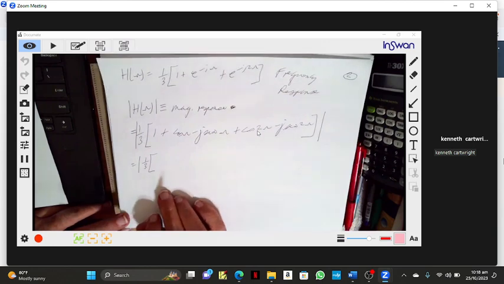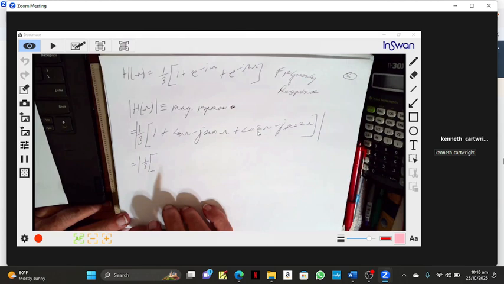Can I ask one thing? I see two imaginary terms, e to the power j omega and e to the power negative j 2 omega. Now, that's not imaginary. That's complex.